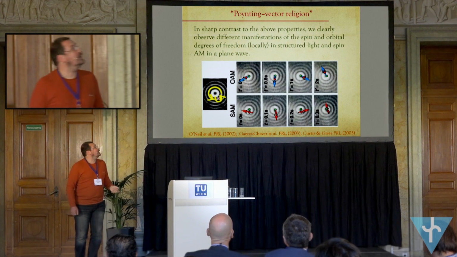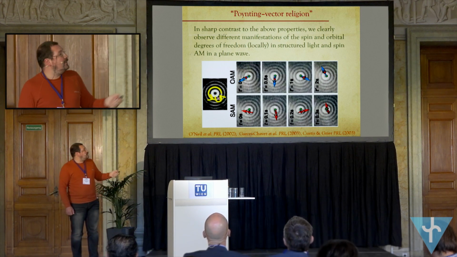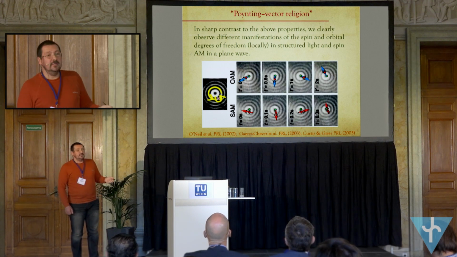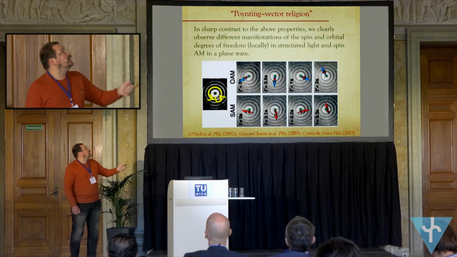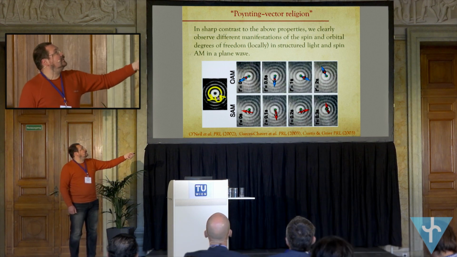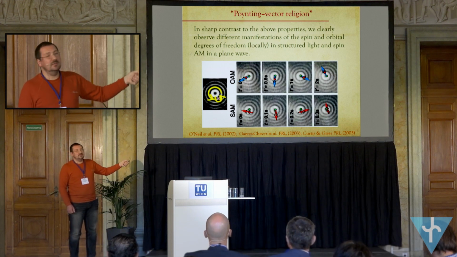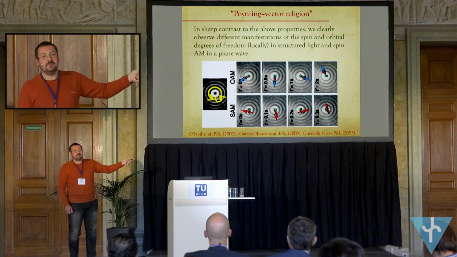Okay, so here is a typical optical experiment made more than 10 years ago, measuring the spin and orbital angular momentum of light. And this is a very important experiment. What you can see here is a so-called Bessel vortex beam, the transverse intensity distribution of such a vortex beam, and we put a small probe particle here.